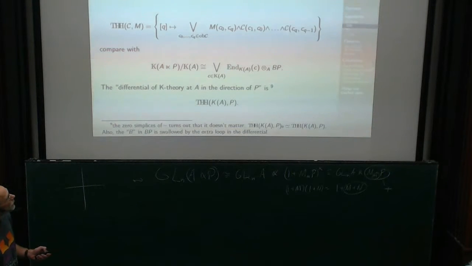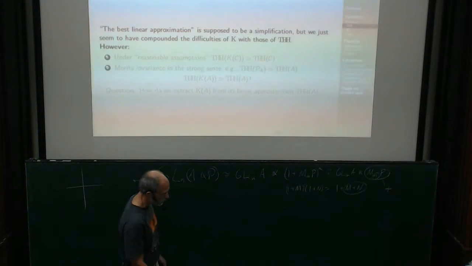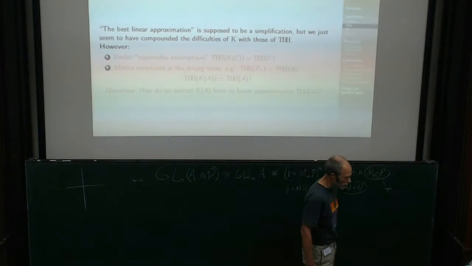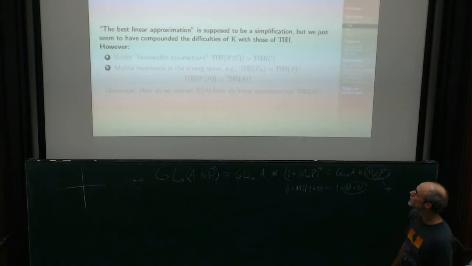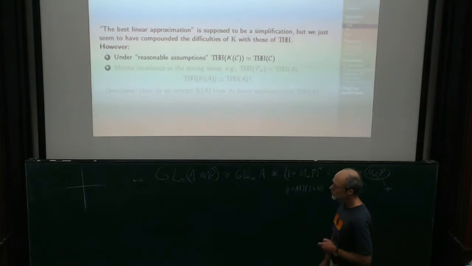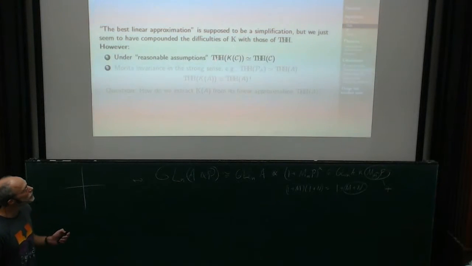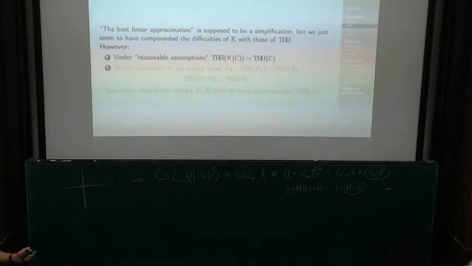So the differential of K-theory is this thing here. But that's the best linear approximation, and you would have assumed that the best linear approximation would be something simpler than what you started with. But now we've just put K-theory inside THH. That seems bad, but it's not, because under reasonable situations THH just swallows the K-theory. So THH of this K-theory thing is just THH of the category itself.